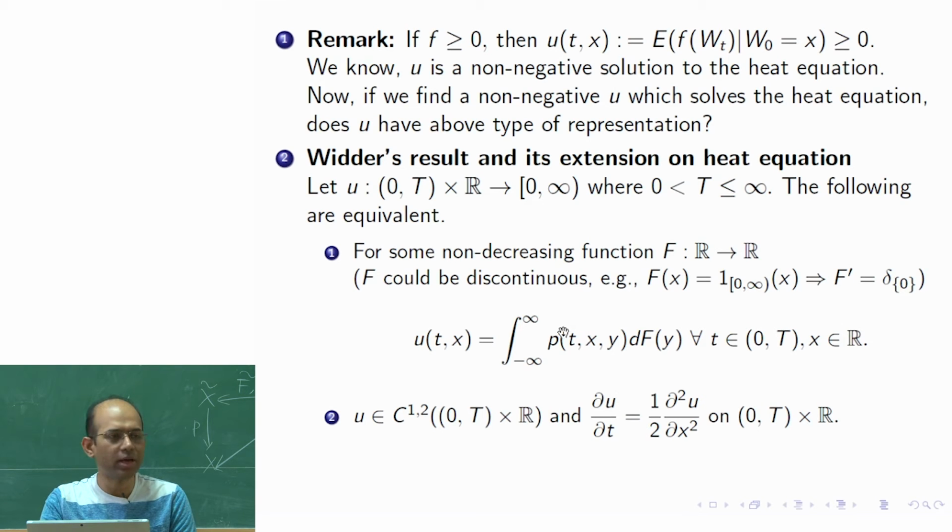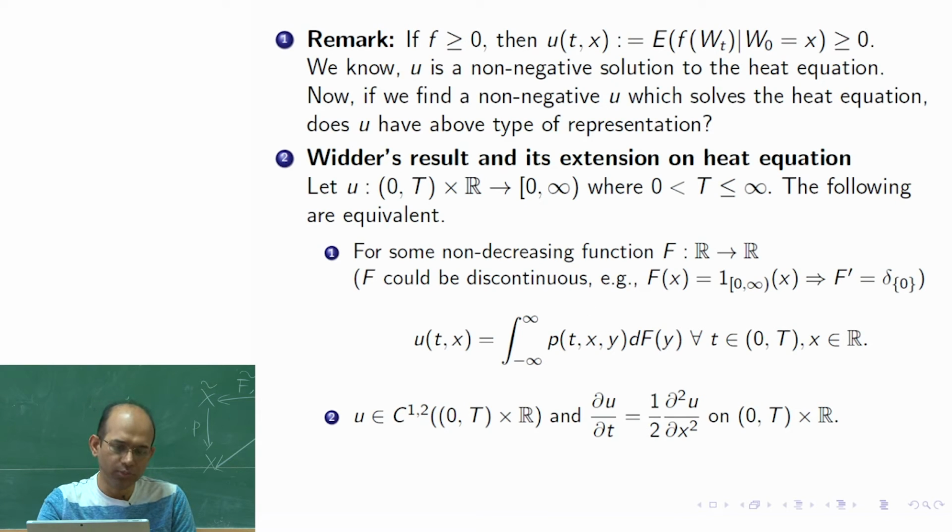It is not surprising, because of this particular nature it is natural that it would solve the heat equation. I mean, it is not a straightforward proof, because we have not proved this for this generality, but for the special case when capital F has a derivative, then this is exactly this. Then we have already proved that it solves the heat equation.